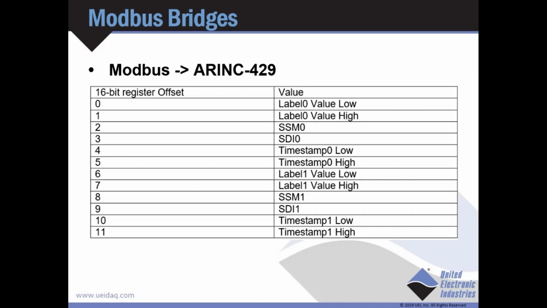We store the SSM, the SDI, and also save a 32-bit timestamp using 2 contiguous registers. We've already defined the registers for you. It's up to you to configure the Modbus master to read those registers, but now you know what they are.